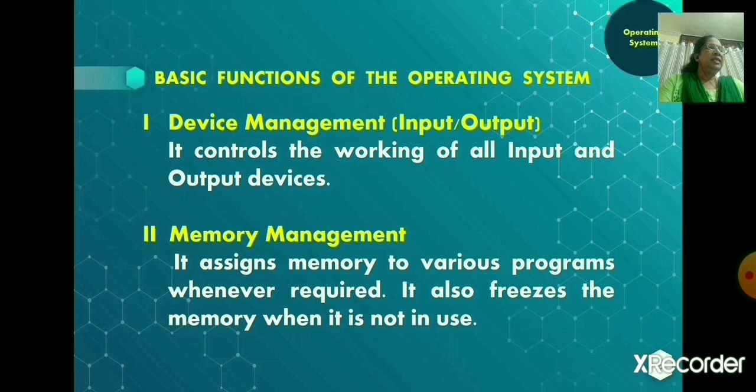So, it manages the devices in a computer system with the help of device controllers and device drivers. For example, you want to install a new printer, then you need the printer as well as drivers, right? You have to install the driver also, isn't it?